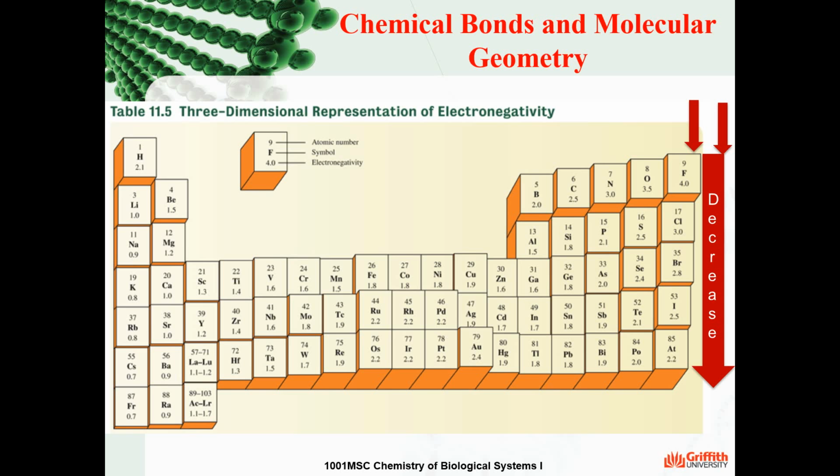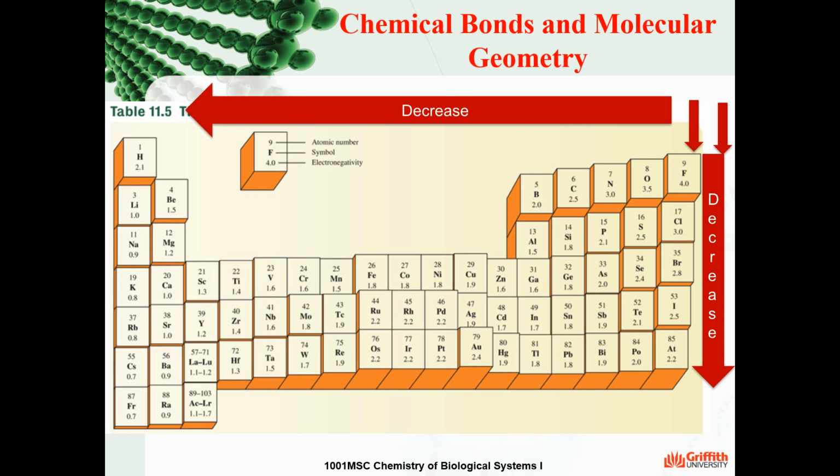For instance, if you remember that fluorine is the most electronegative element in the periodic table, then as you move down, the electronegativity decreases. Also, as you move right to left, the electronegativity also decreases. For example, oxygen is higher up from phosphorus, so it would have a higher electronegative number.